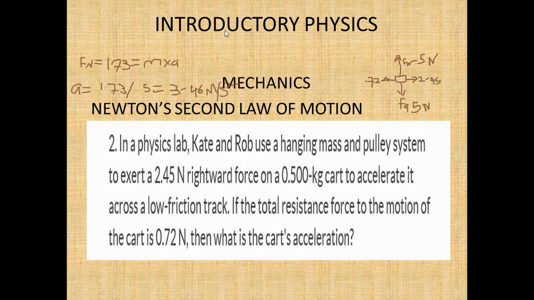So the first step is to draw the free body diagram, then you put in the known, and then you use your knowledge of Newton's second law to solve for the unknown. So we're going to stop here, and next session we will continue.